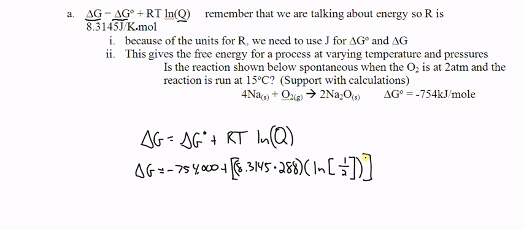Close that parentheses, close that parentheses, and close the parentheses. And we've got what appears to be an increase. We're now at negative 755,658, and given 3 sig figs, we could take this to 3 sig figs and call it negative 756,000 joules.